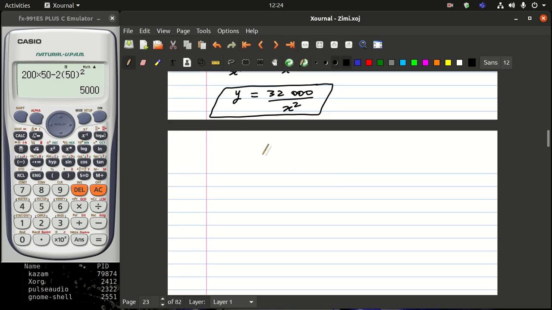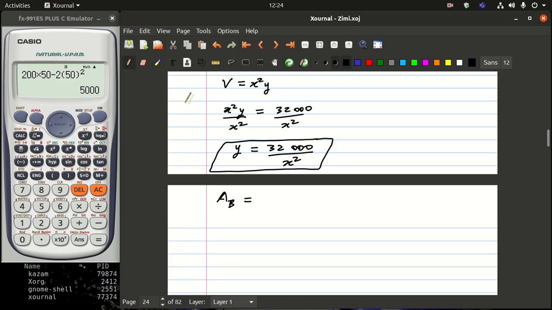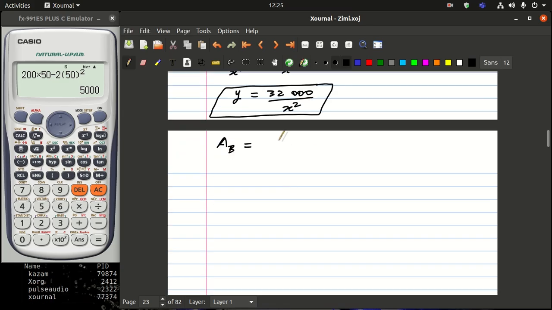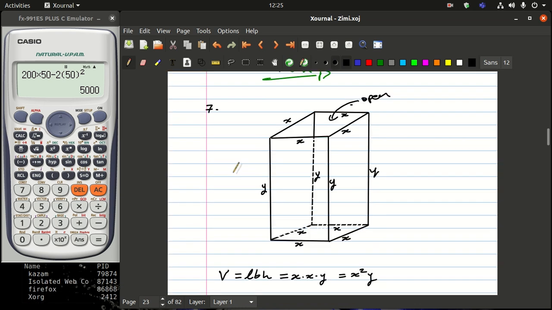So we will have the area of the bottom. The area of the bottom is the area of the square, which means we have x times x, or just x squared. And then we look at the area of the side. So we are having all these sides.